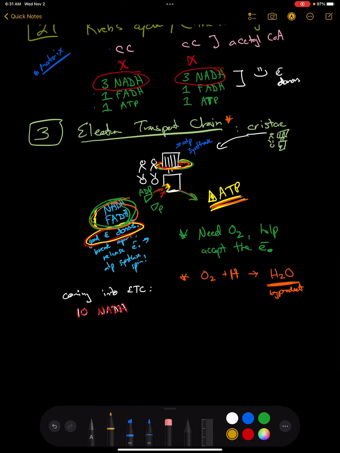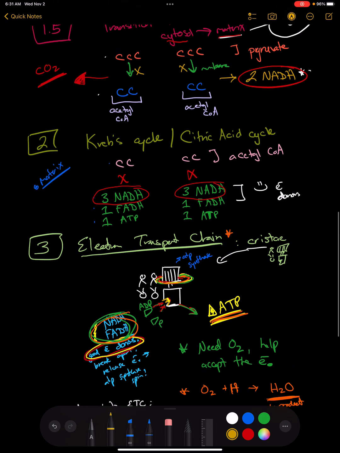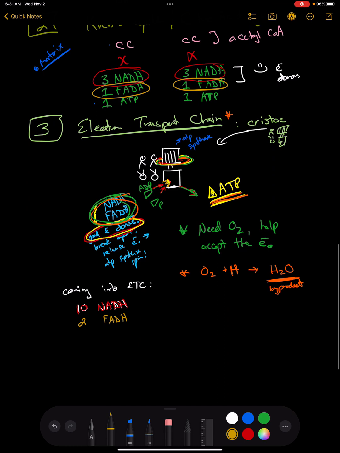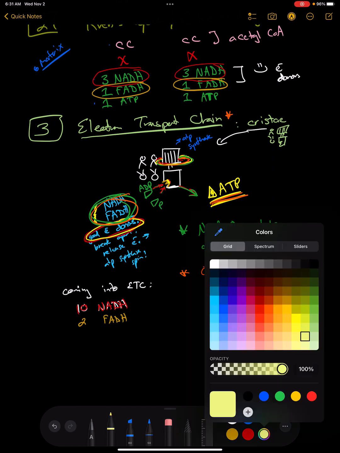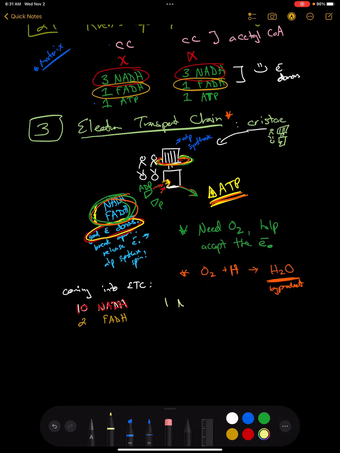Now my FADHs, I had 2 FADHs because I only made them right here at the Krebs cycle, or citric acid cycle. I made 1 right here, I made 1 right here, so I had 2. Now we get to use an awesome little conversion. For every 1 NADH, the ATP synthase spins and makes 3 ATPs. Well, if I had 10 NADHs, 10 times 3 gives me 30 ATPs.